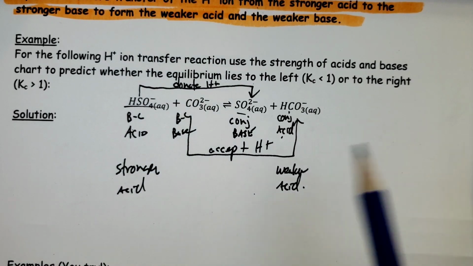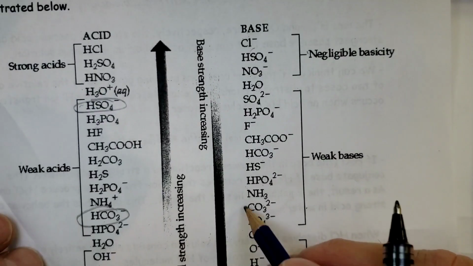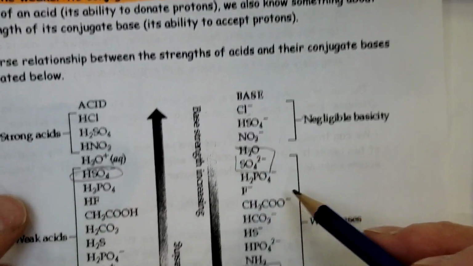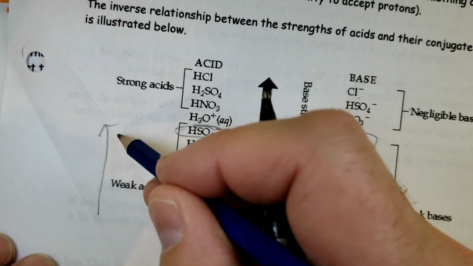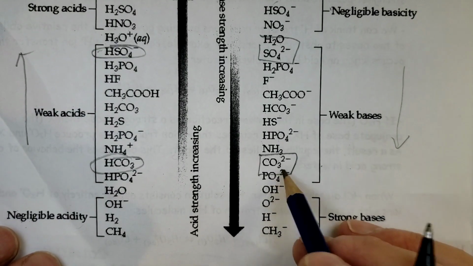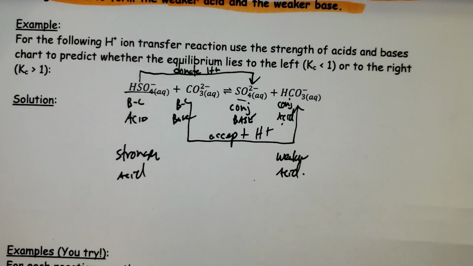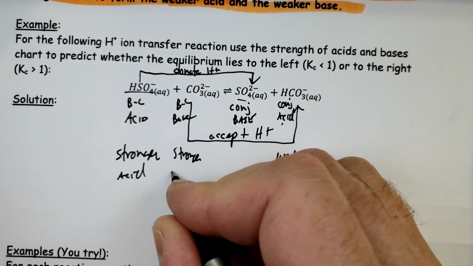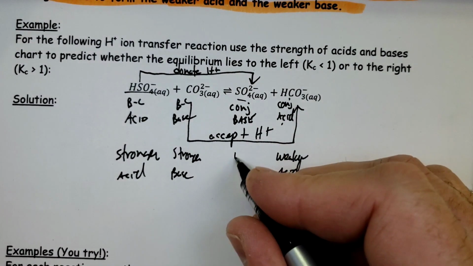I'm going to do the same thing with the bases. CO3²⁻. Let's see where CO3²⁻ is. There's CO3²⁻, and compared to SO4²⁻, the stronger base. So you can see here, the acid strength goes up this way. The stronger base is the one that's further down. So CO3²⁻ is the stronger base, SO4²⁻ the weaker base.